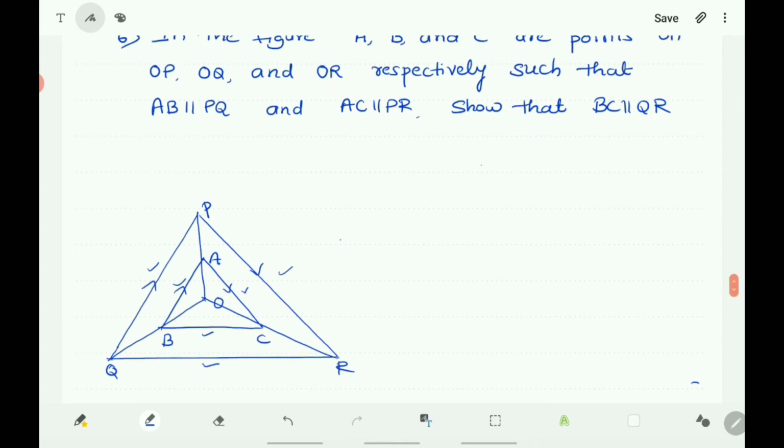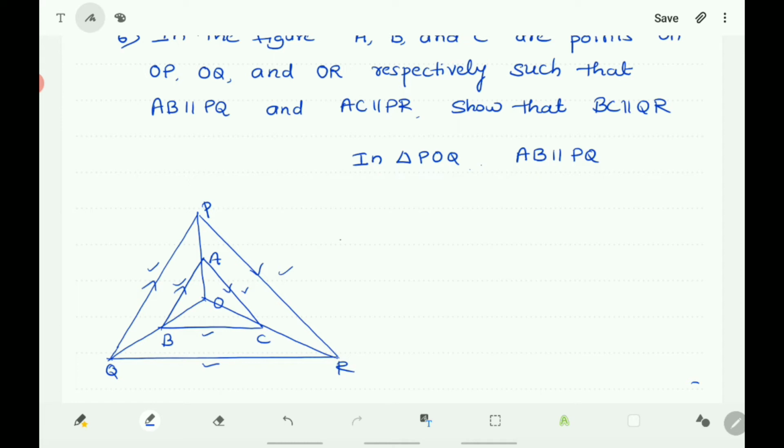Now you take the triangle in which AB is parallel to PQ, that is the triangle POQ. In triangle POQ, what is parallel to what? AB is parallel to PQ, that is given here.